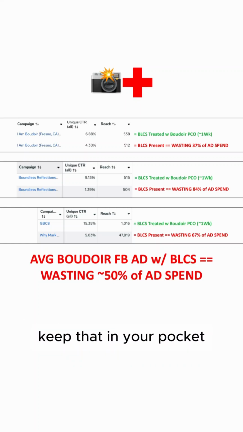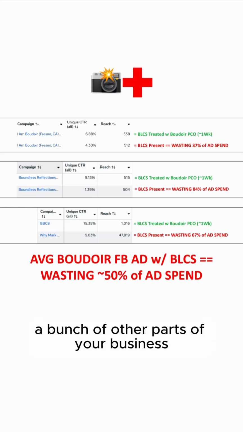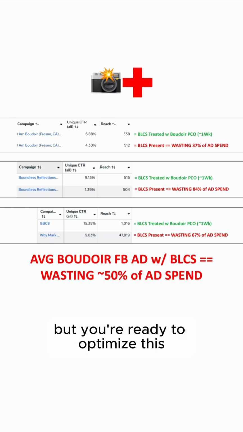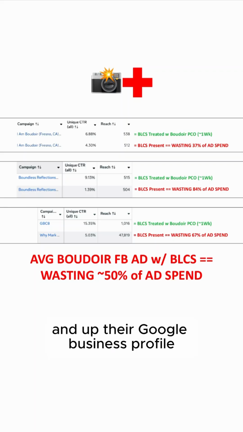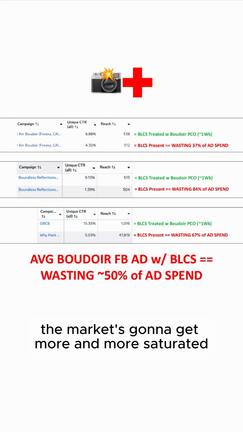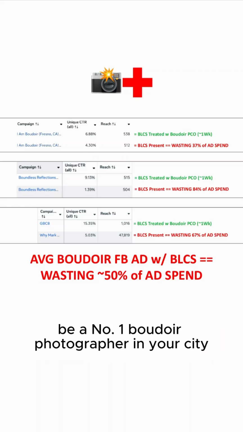Keep that in your pocket. And you want to pull it out of your Facebook ad spend because you've already optimized a bunch of other parts of your business. But you're ready to optimize this because you see more inflation, more women entering as boudoir photographers, setting up their Google business profile. So the market's going to get more and more saturated. And you want to be on your way to be a number one boudoir photographer in your city.